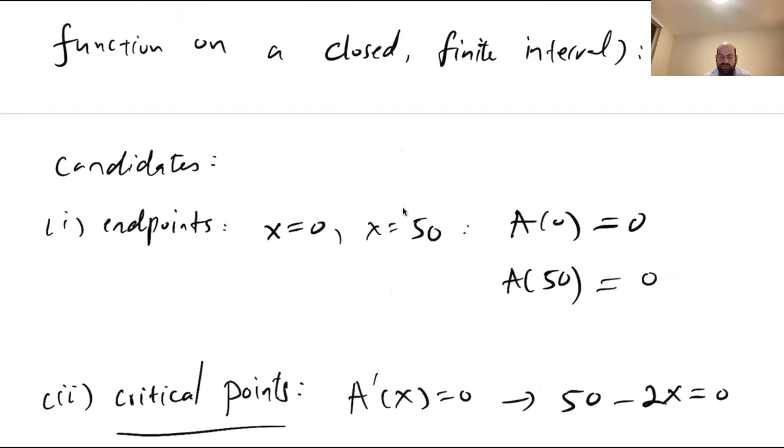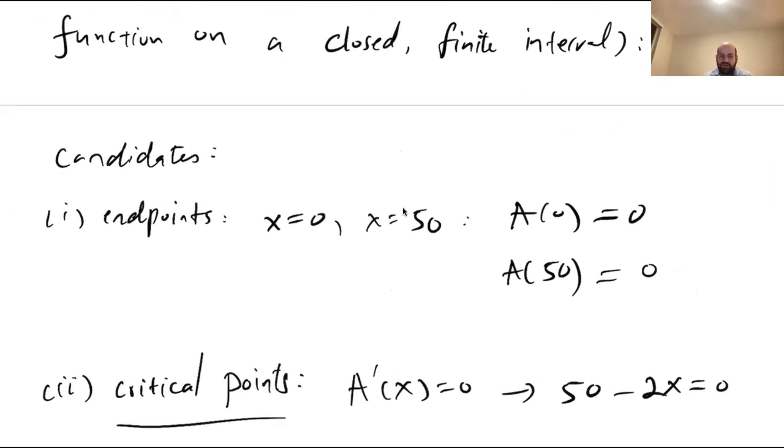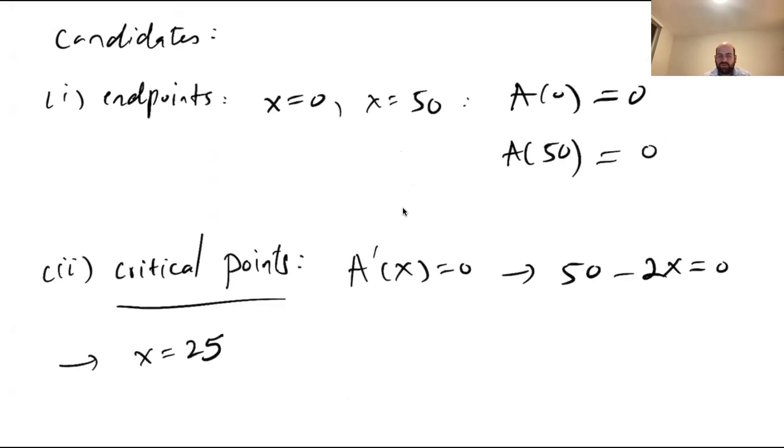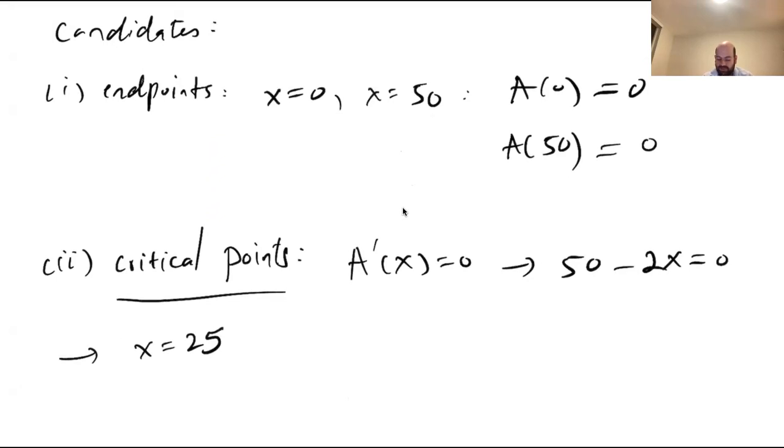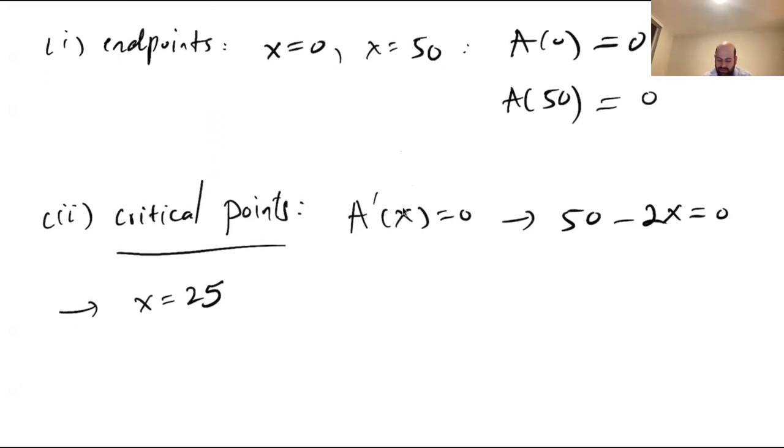After I find the endpoints and critical points, then I need to compare all the outputs, whether outputs corresponding to endpoints or outputs corresponding to critical points. Now the output corresponding to endpoints I already found.